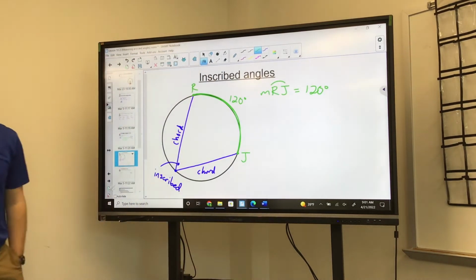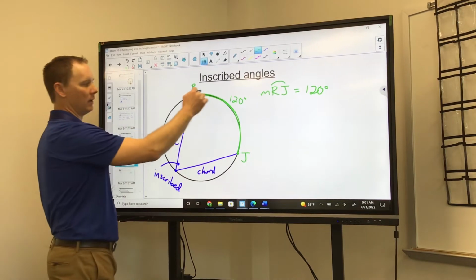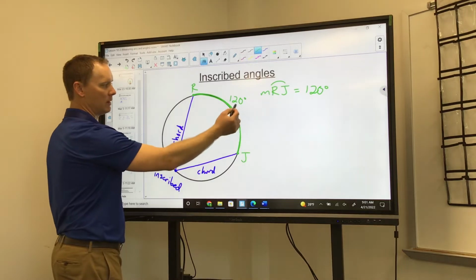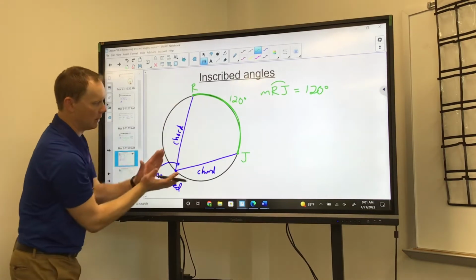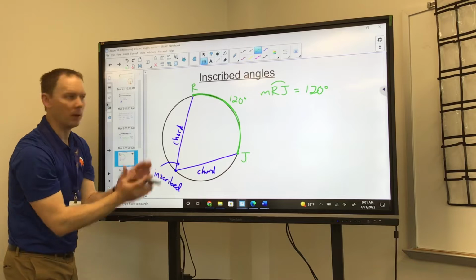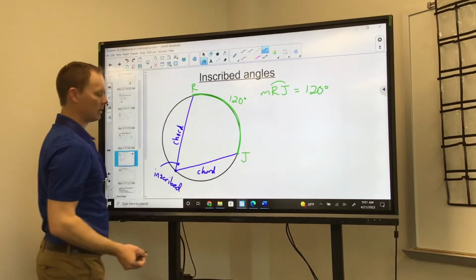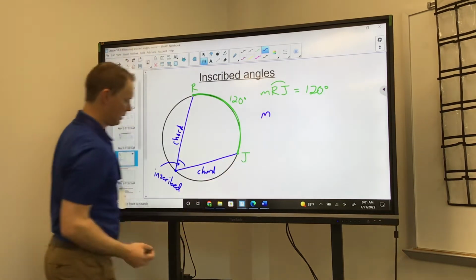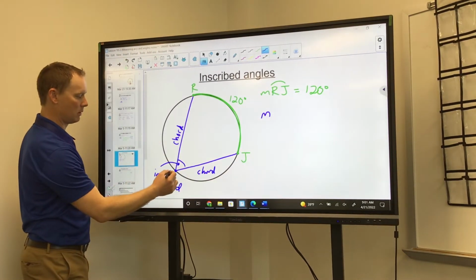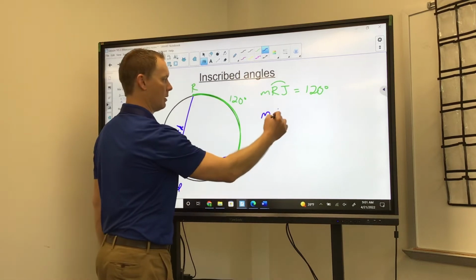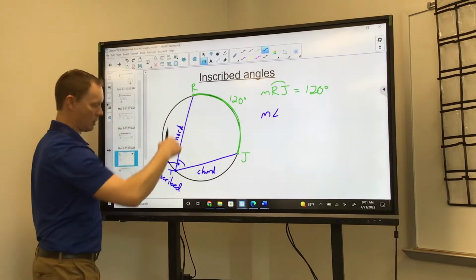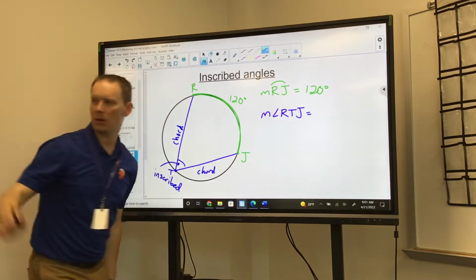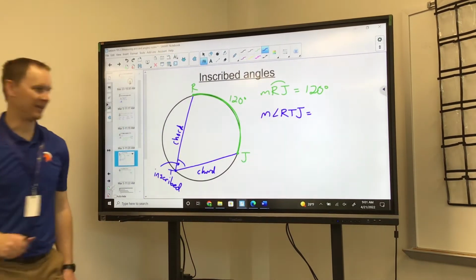Okay. If that arc has a measure of 120 degrees, there is a relationship between that arc and the inscribed angle that it kind of comes from. You guys remember what you saw yesterday on what that angle measure was here? It's half. Angle RTJ, it's half, yeah.